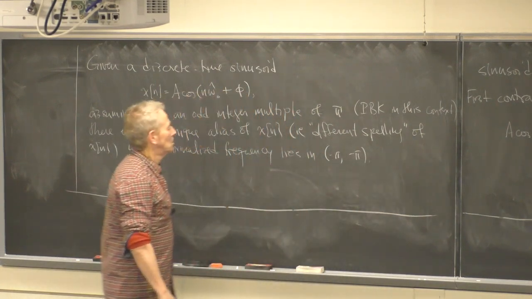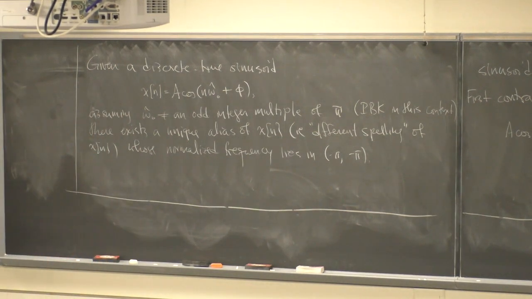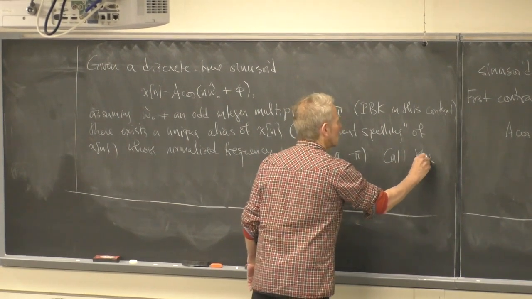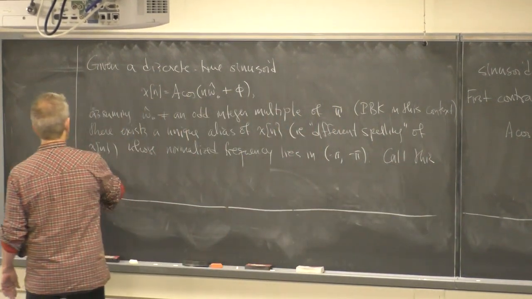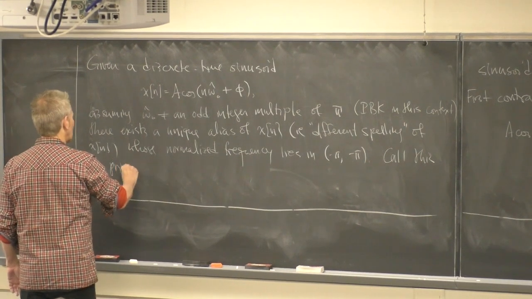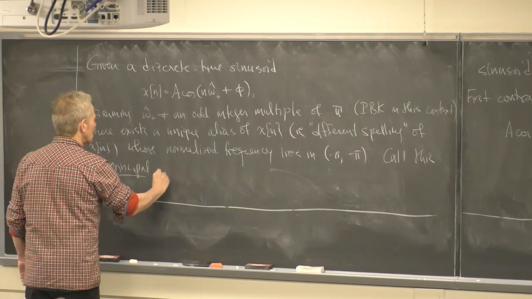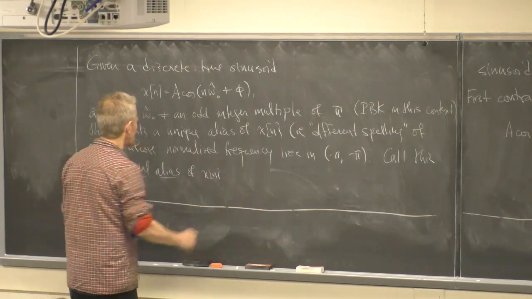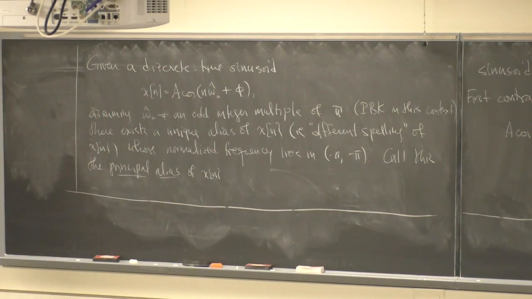Okay? How do we find that? We find that, like I said, similarly to how we found the principal alias in continuous time. We call this the principal alias of x of n. And notice it doesn't have to be with respect to anything. Alias here has a different meaning from what it does in continuous time.